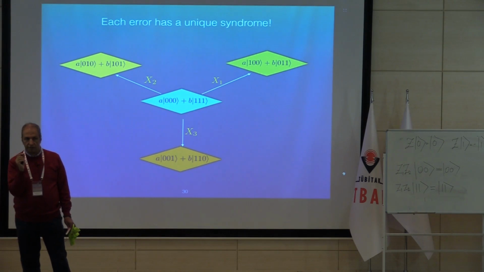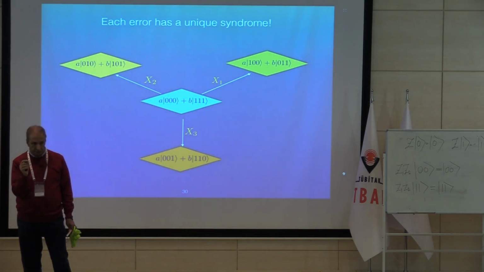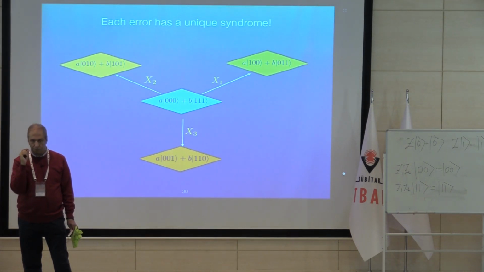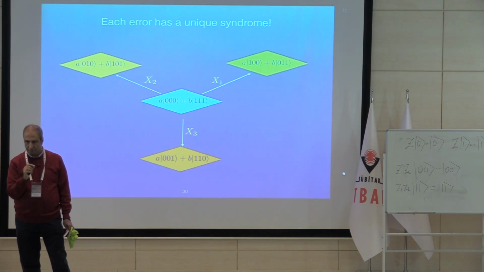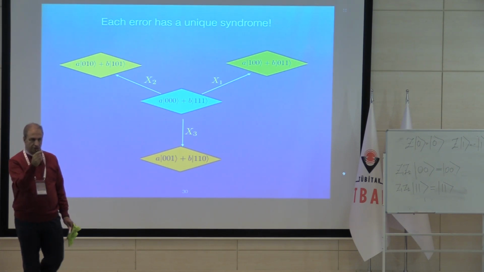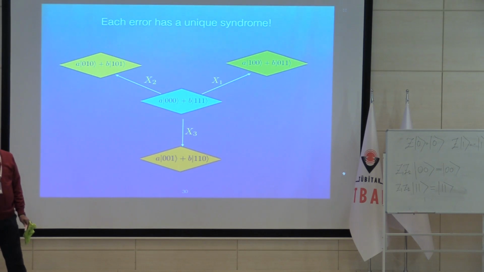Now, instead of Z1 Z2, which was the symptom for the previous code, you have to use a more delicate symptom to understand in which subspace you are. Okay? What are the symptoms that you propose? Propose a measurement that I do so that I can understand in which subspace I am, without destroying the superposition.